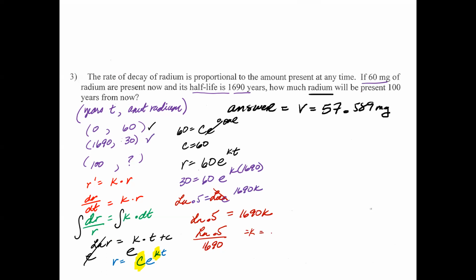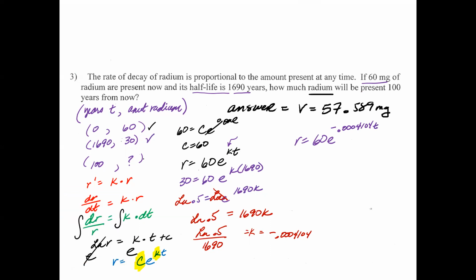And K is going to give you negative 0.0004104. Now that I have this, my equation is complete. R is equal to, you want to rewrite it, 60 e to the negative 0.0004104 t.